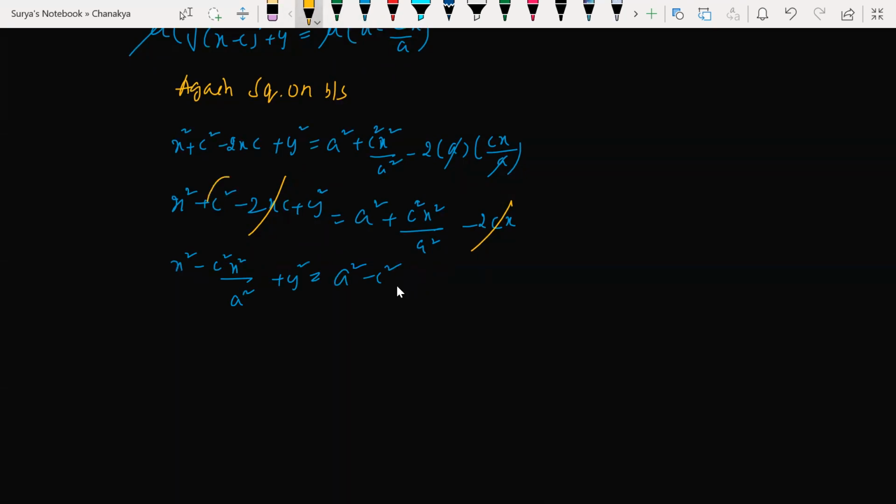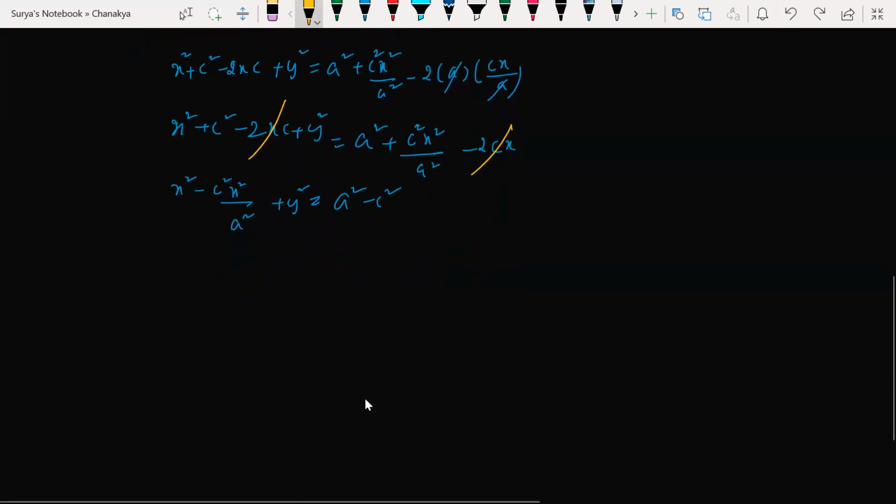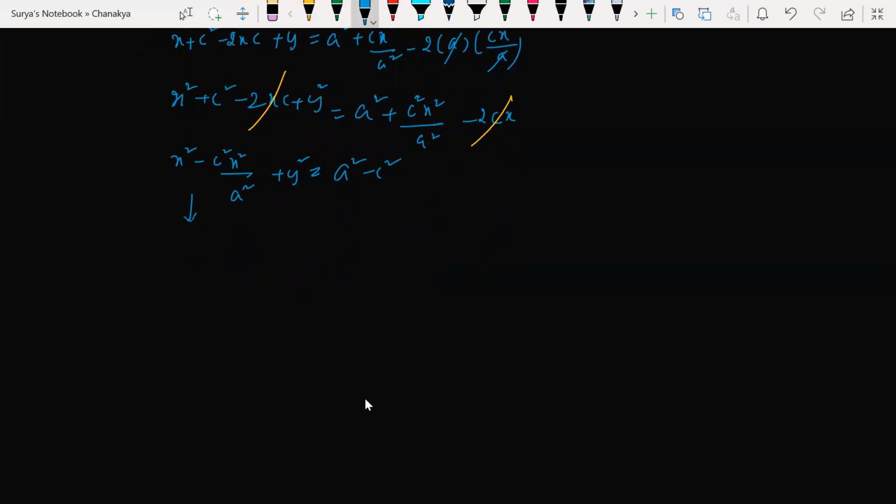What I did here, this c square and a square I'm writing on one side, and the rest of the terms I'm writing on the left-hand side. So here, what can I take common? x square common. If I take x square common, what will be left? Look, 1 minus c square by a square, plus y square is equal to a square minus c square. x square as it is, taking LCM here, a square minus c square, okay, plus y square is equal to a square minus c square.